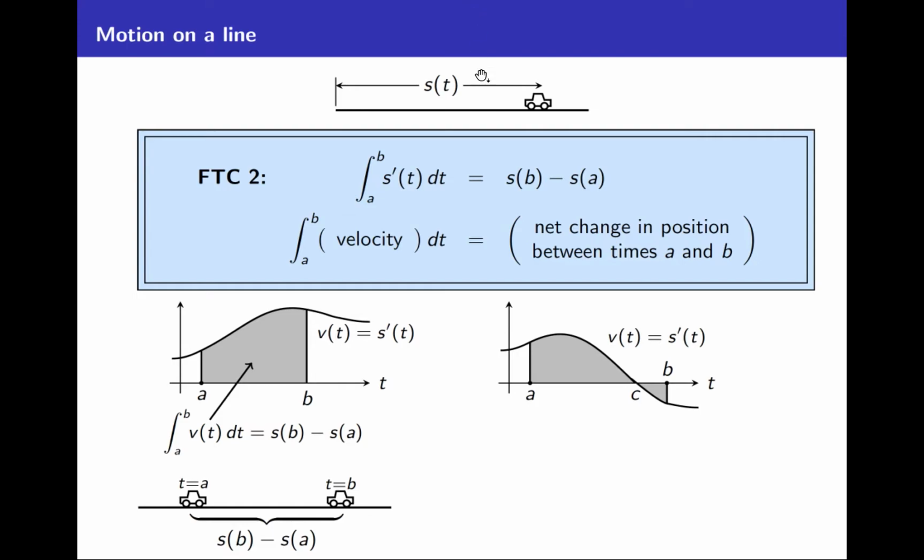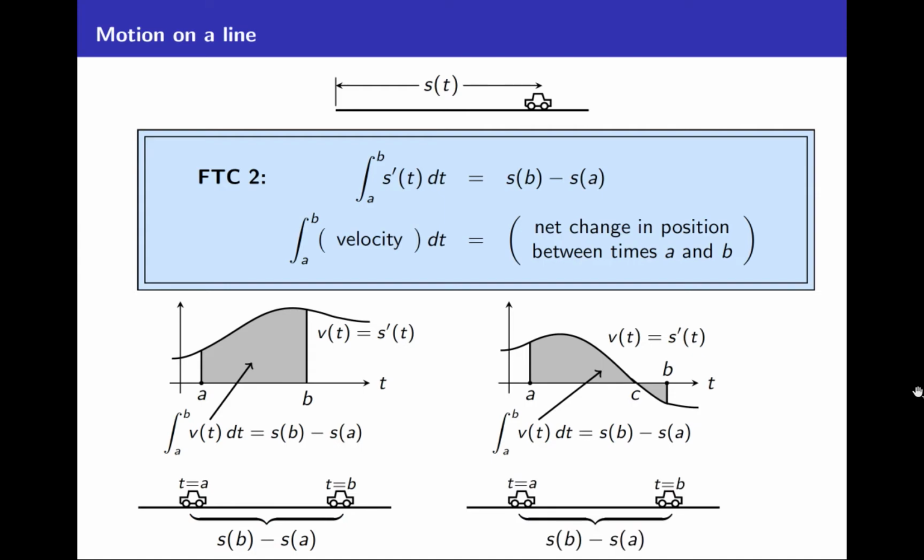Well, that means this object was moving to the right until time c, and then it went backwards. So the definite integral from a to b of v of t dt still equals s of b minus s of a, but now we would interpret that as area up minus area down. So you get a negative contribution there.